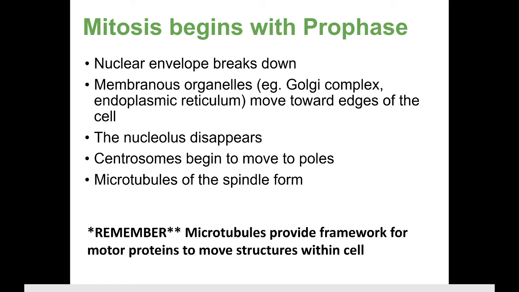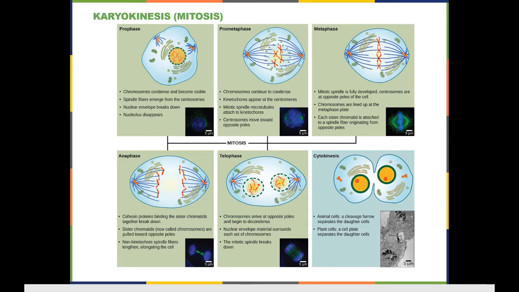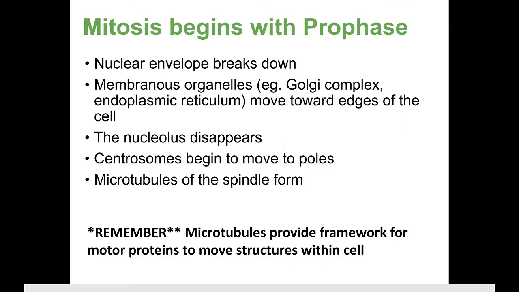And these are composed of microtubules, which are proteins that provide framework to move structures within a cell. So the little spiderweb things coming out of the centrosomes in this picture are called the spindle fibers. And those are going to play a really important role in pulling chromosomes apart. Okay, that is prophase. So that is the first step in mitosis.